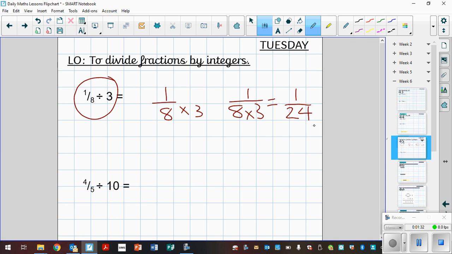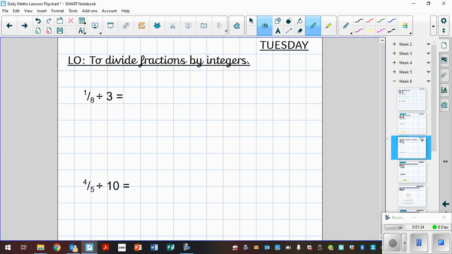Right, let's have a look at the next one then. 4/5 divided by 10. Well, the whole number stays the same for our numerator, and then this 5 denominator divided by 10 changes to 5 times 10. That then becomes 4/50. Now we need to think, can we simplify that?